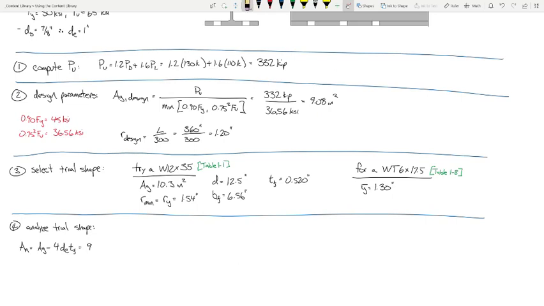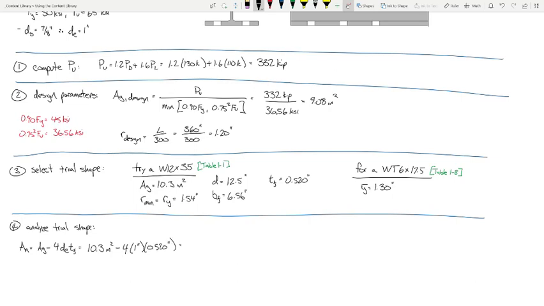So, first off, I was getting ready to write 9.08, and that's wrong. I write 10.3 square inches because that is the area of the shape that I'm looking at. I'm looking at this shape, so I'm dealing with that. 10.03 minus 4. What's the bolt diameter? Or the hole diameter, not the bolt diameter, the hole diameter. 1 times 0.520 inches.